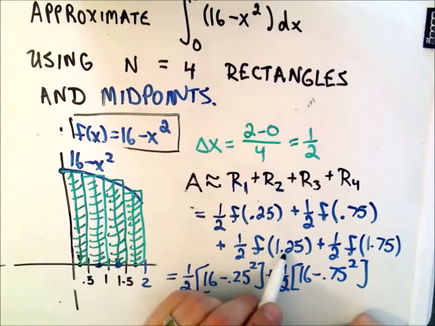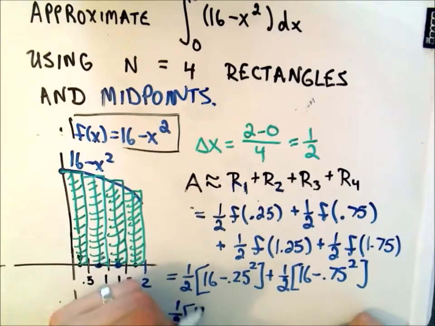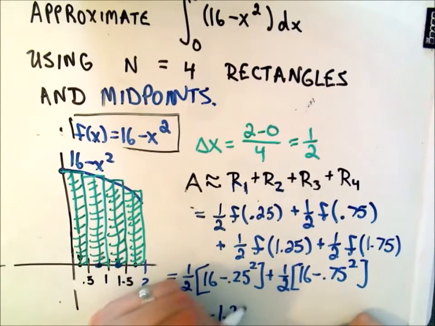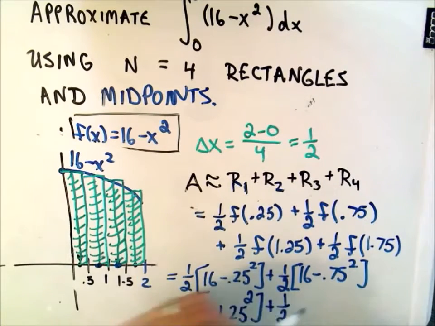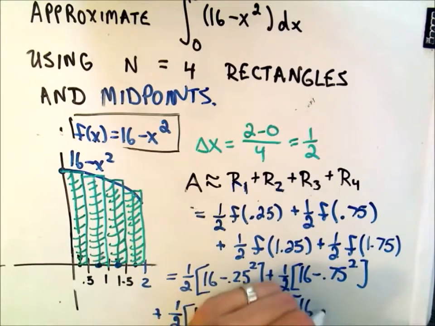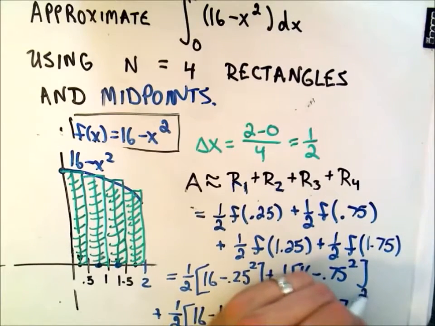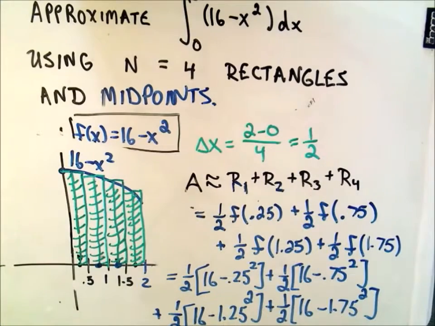We need to plug 1.25 into our function to get the height of that third rectangle. 16 minus 1.25 squared. Last but not least, our fourth rectangle has width 1/2, and 16 minus 1.75 squared. Again, whatever that works out to be. So these problems are very tedious. But the good thing is they're relatively straightforward.